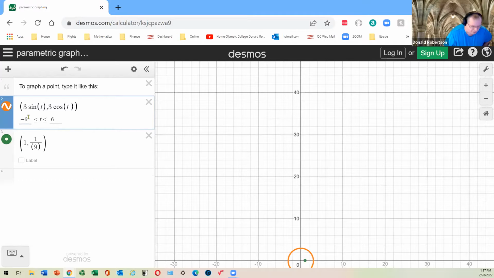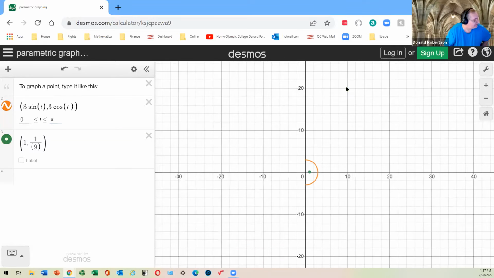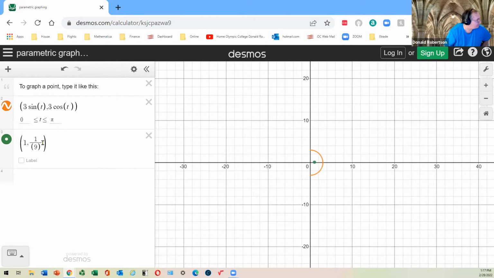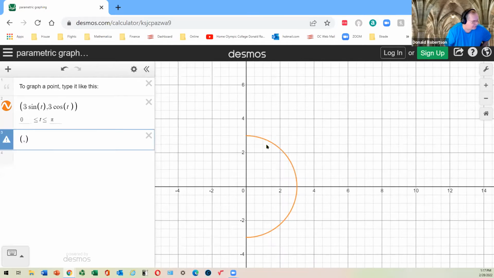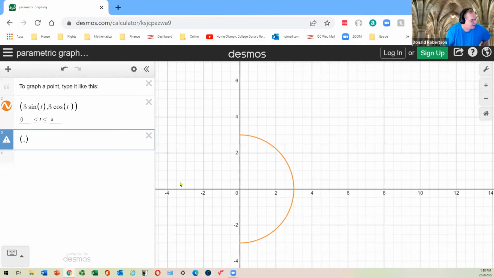And we're being asked in this question to do from t equals 0 to t equals pi. And there it is there. Rub this guy out because that's not the one I need now. Right. You see it's half a circle. Now it could start there, right, and curve down that way, or it could start here and curve up that way. You agree? So I'm going to pick t equals 0.